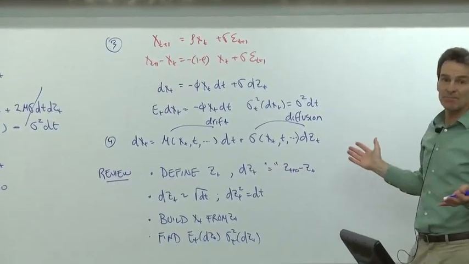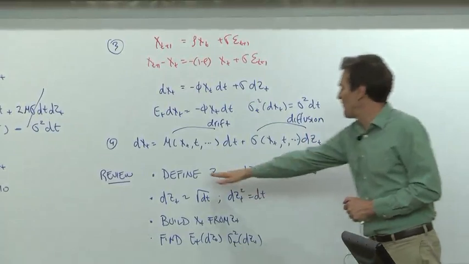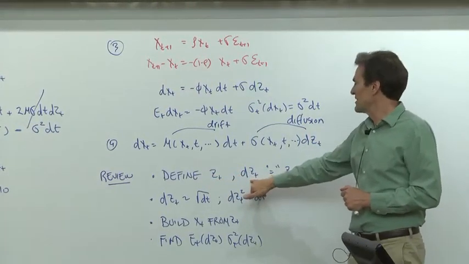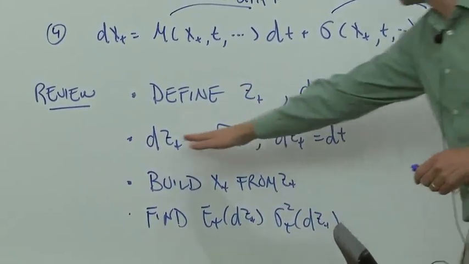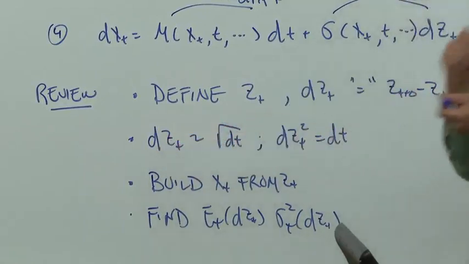What have we done in this first lecture? We've defined the Brownian motion and the change in the Brownian motion. These are the basic shocks that we build things up with. We learned this fascinating property that dz, the shocks to Brownian motion, are order square root of dt. We're going to have to rewrite a lot of calculus to handle that, but it's not going to be so hard.